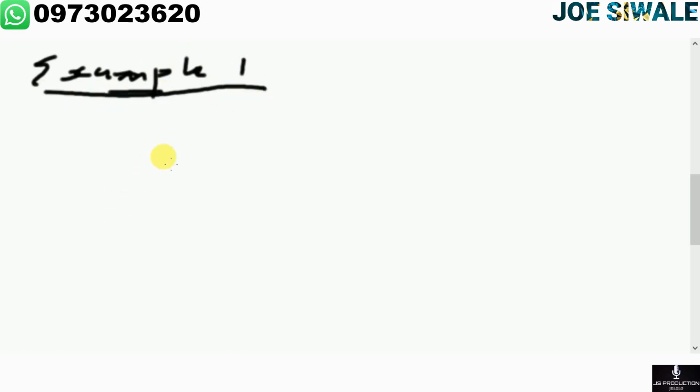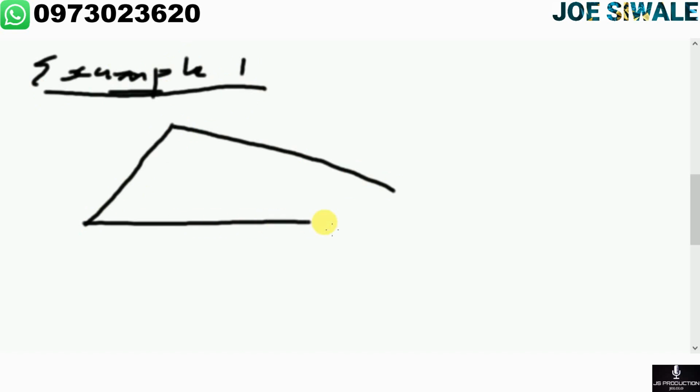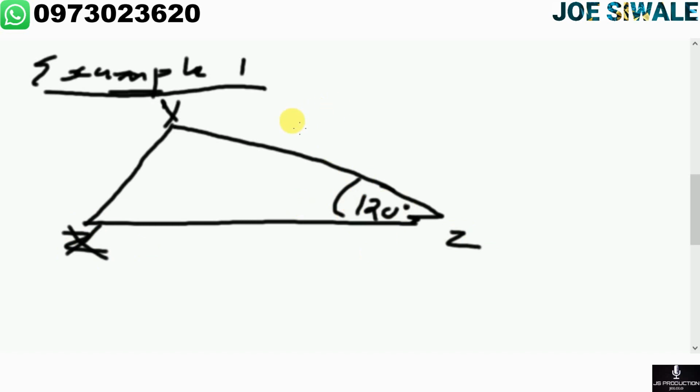So for example 1, I have the triangle in this way. Then this is 3 meters, then I have 4 meters here.